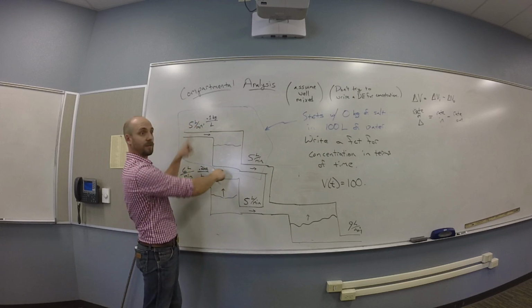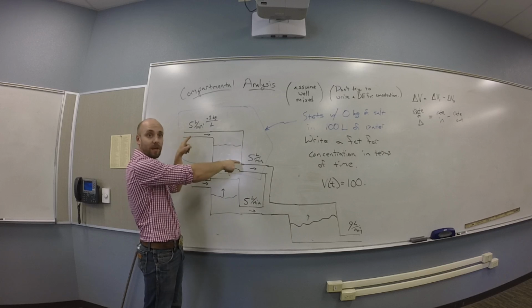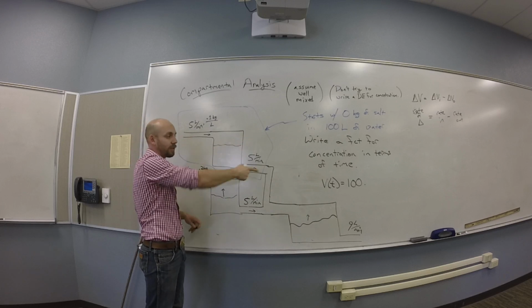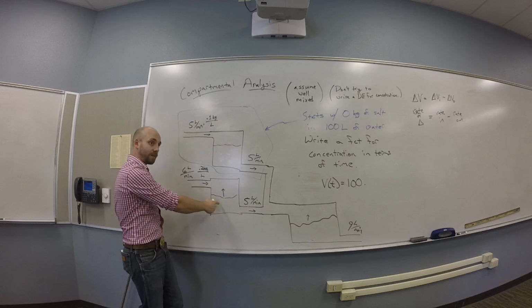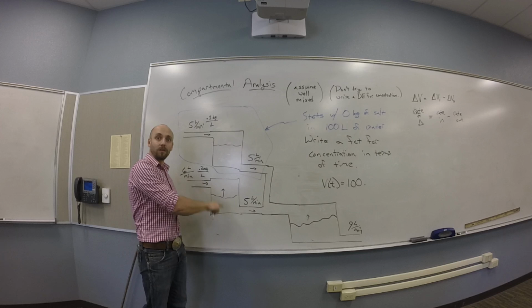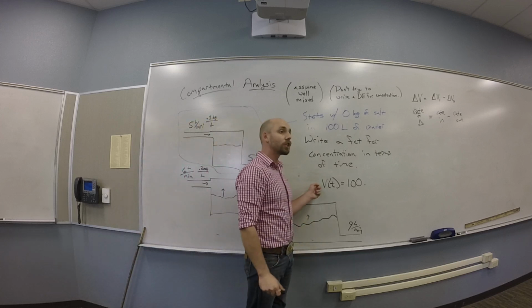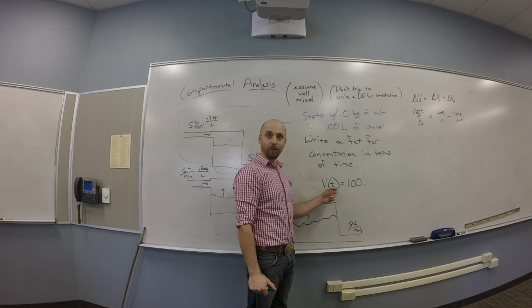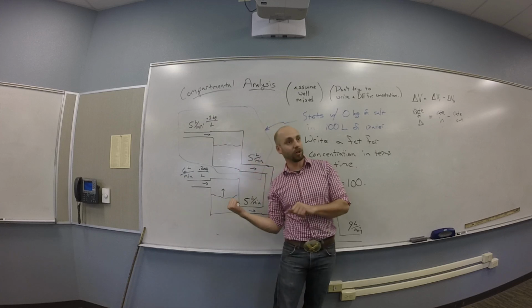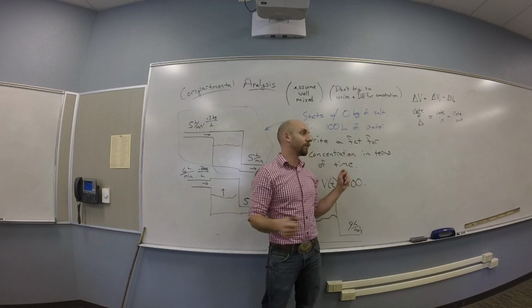In this tank, same rate in, same rate out. If it started with 100 liters, it's going to be 100 liters all the time. This one down here is different. You're going to need that. In this case, it's a constant function, so it's pretty chill. In other cases, you're going to have to figure out what that thing is. Cool. So we get a volume function.